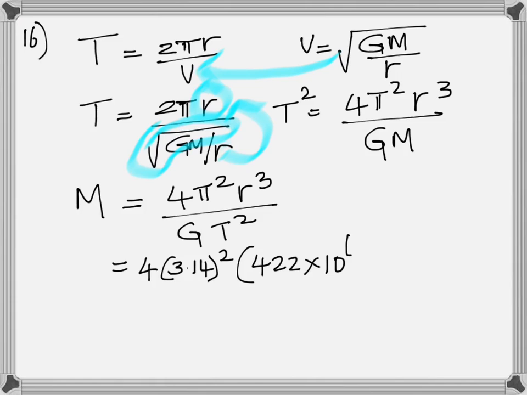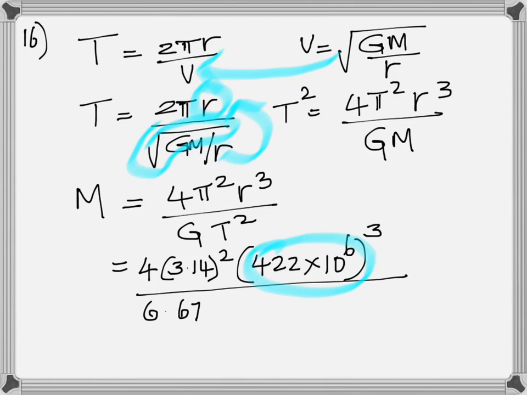So 4 times pi squared times, remember, that's because it's changed into meter, isn't it? It's 422 times 10 to the 3 becomes 10 to the 6. And then 1.77 days. How do you change?